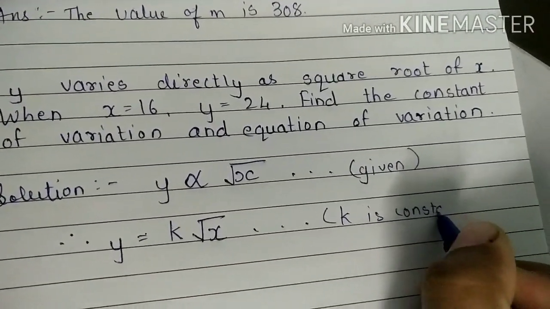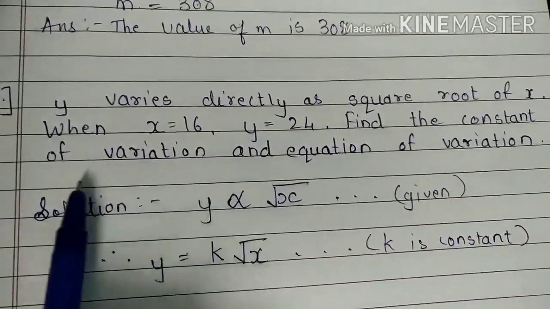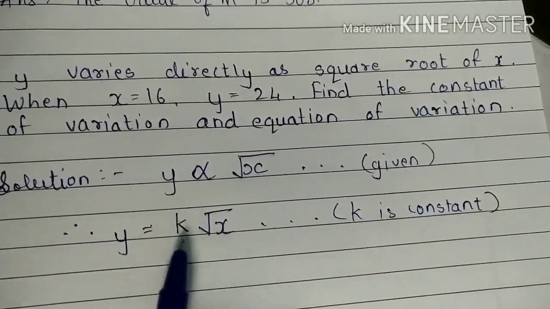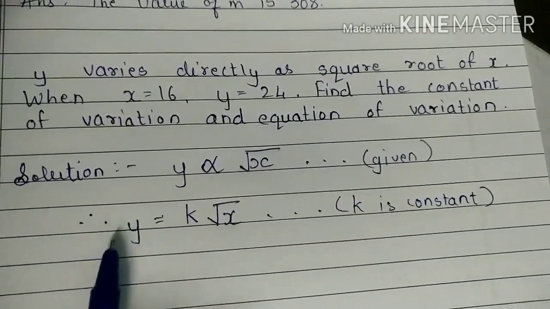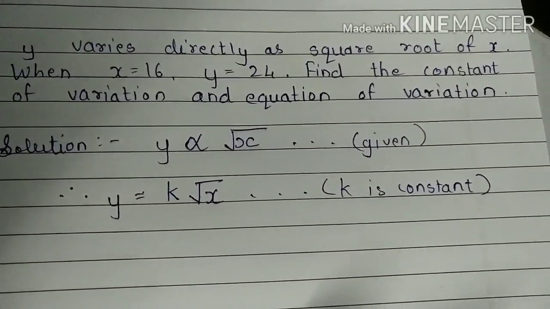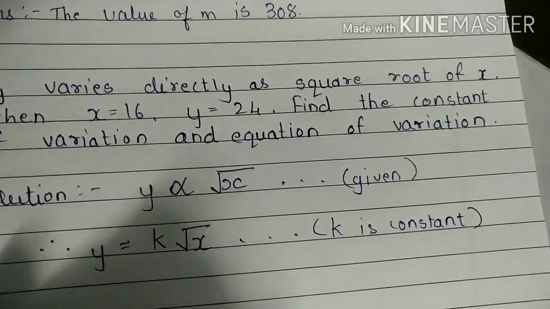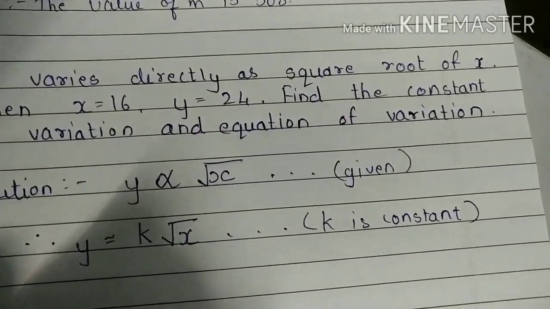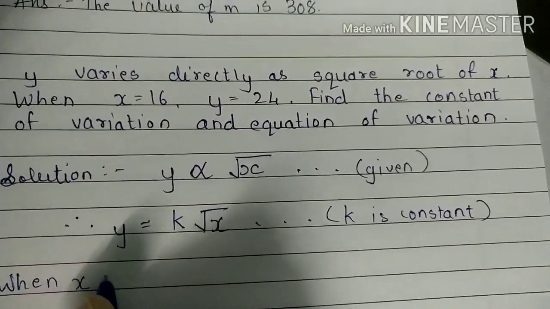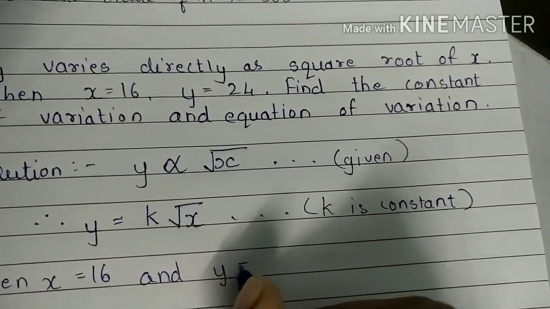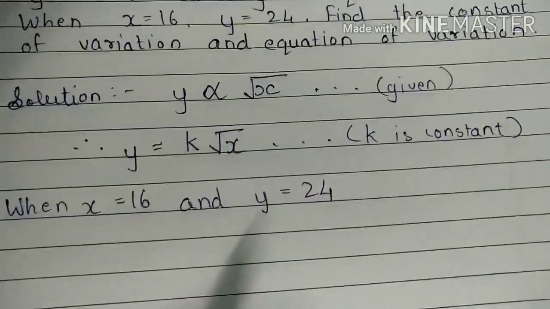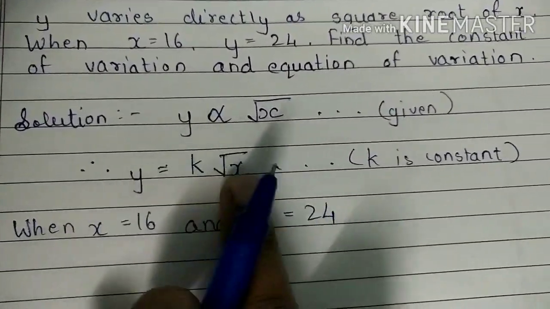Now you have to find the value of the constant of variation, that is, you have to find the value of k, and you have to find the equation of variation. So this equation also you'll have to complete. Therefore, when x is equal to 16 and y is equal to 24, we are going to substitute x and y in this equation.